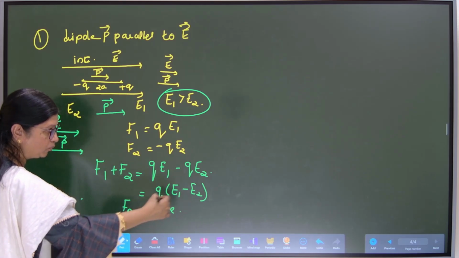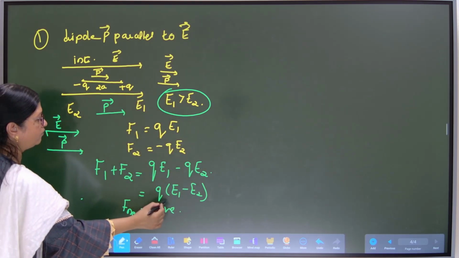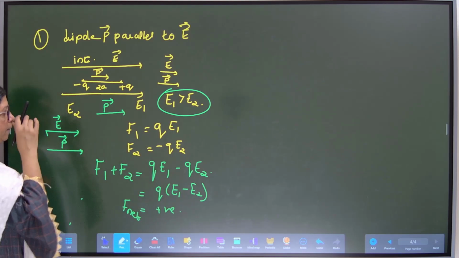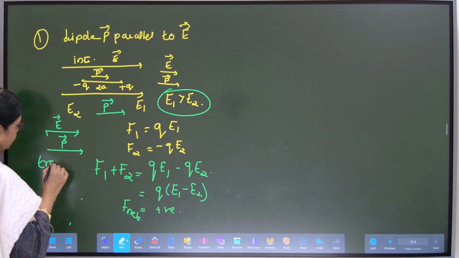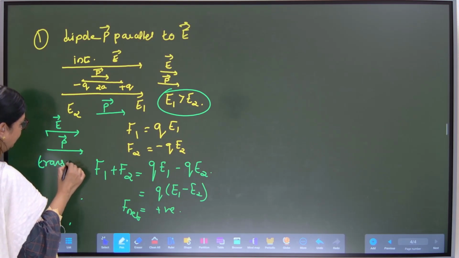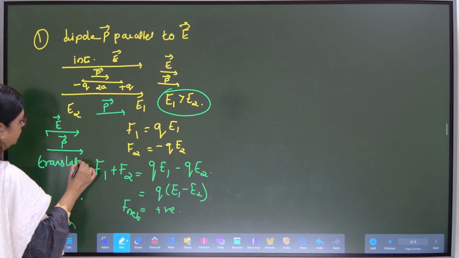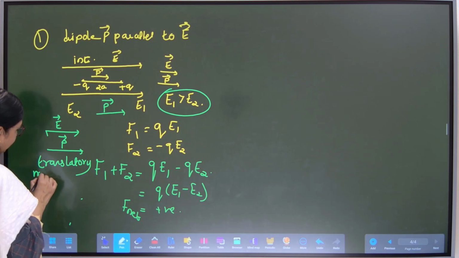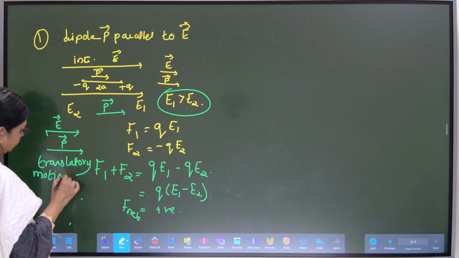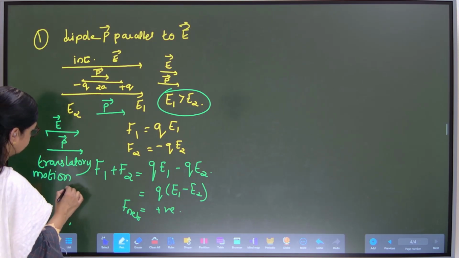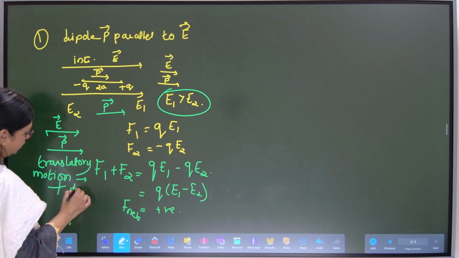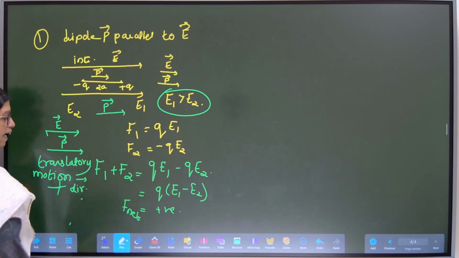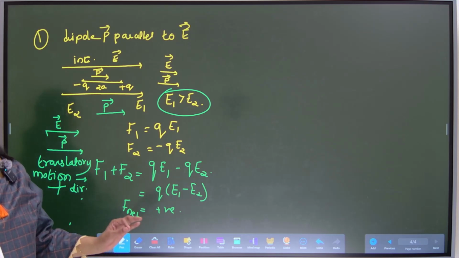As I said, it will move in the positive direction because our value is positive. Fine? Okay. So the translatory motion will be seen in the dipole in the positive direction or in the increasing direction of the electric field.